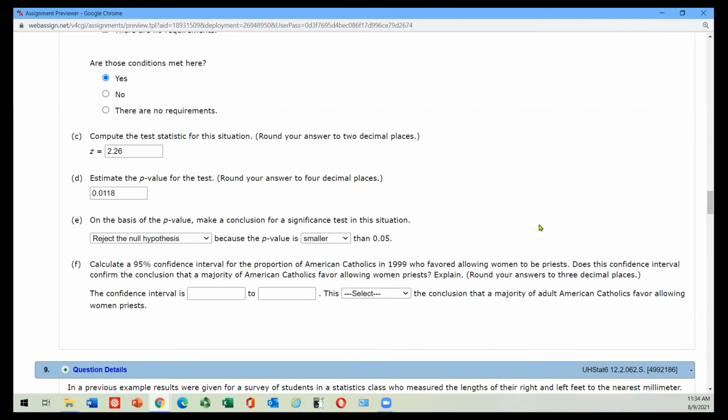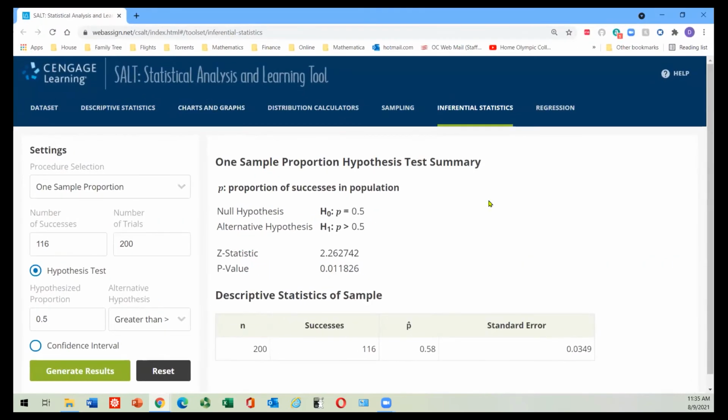I had a question real quick. Yes. I'm confused on how you got your Z and your p-value. Okay, so what I did is I went to salt, which is this guy, and my sample was 58%. So 58% of 200 ended up being 116 out of 200. So I just found out what 58% of 200 was, and it ended up being 116 people.